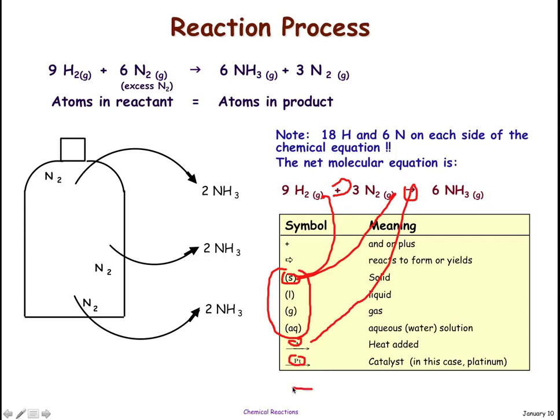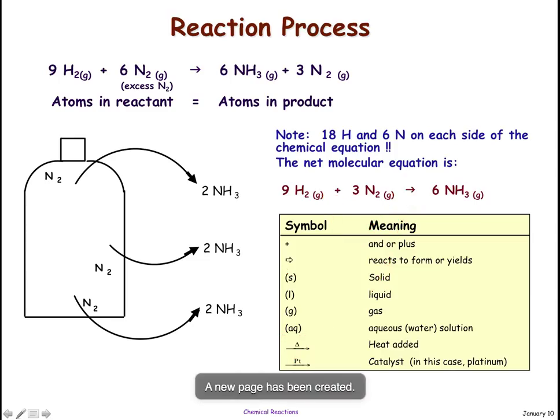Sometimes you'll see an arrow with this symbol right here, and if you remember from the previous chapter, this is the symbol for light, h-nu. So you can say that this reaction requires light to proceed. So those are just information that you would use to get an idea of the conditions for the reaction.